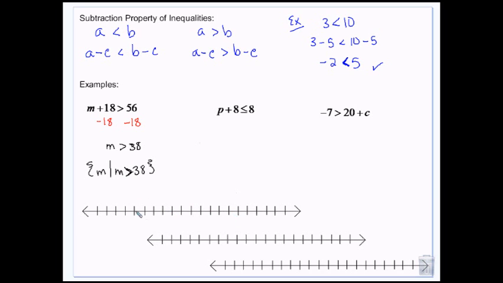I will call this 0. I only go up to 30 if I count by 2s, so I'm going to count by 5. So 5, 10, 15, 20, 25, 30, 35. I'm going to say 38 is about right there. That's fine. It's greater than, so it's an open circle. And I shade this side.